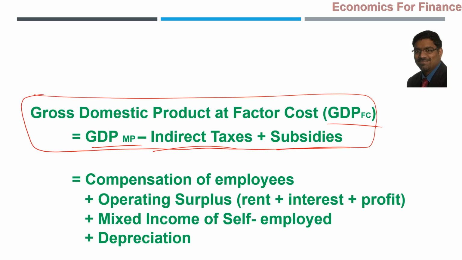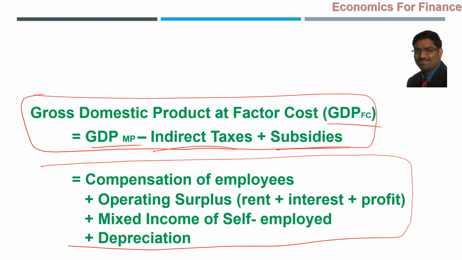Now let us introduce something else. This is a different concept, called the income concept. All the things we talked about so far are value added, the market value of the goods and services produced during an accounting year. That was all from the production point of view.